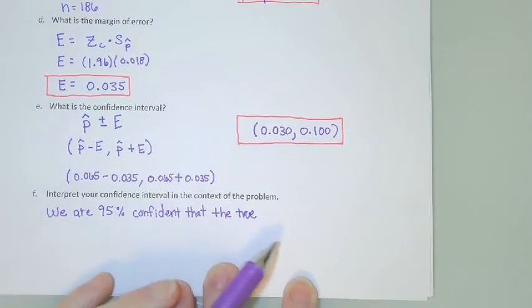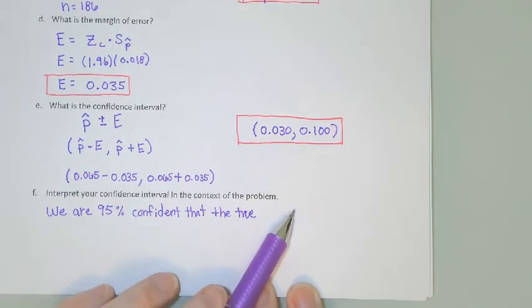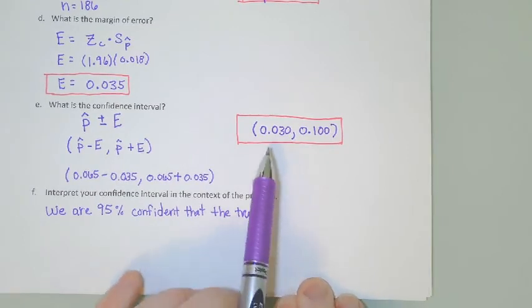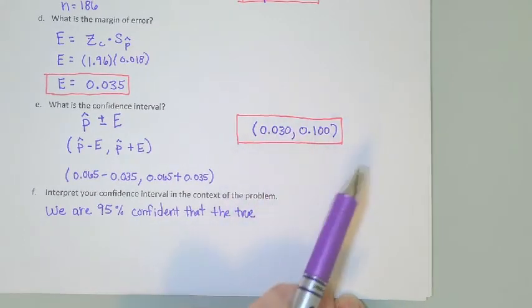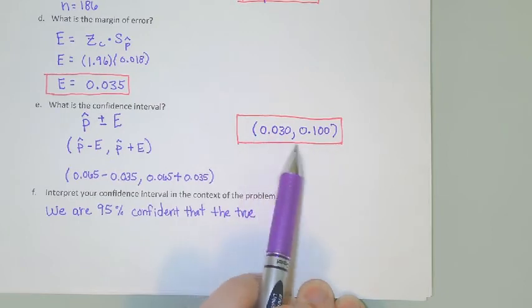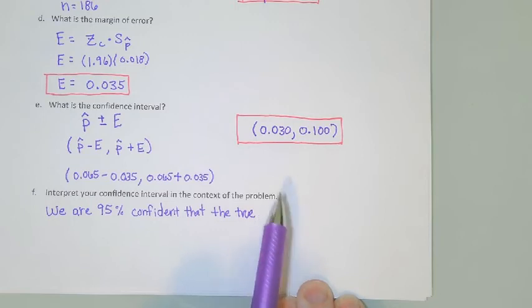Here you have a choice to make. You could either say proportion or percentage, and that depends on how you're going to use these values in your explanation. If you're using them in decimal form, you'd want to use the word proportion.